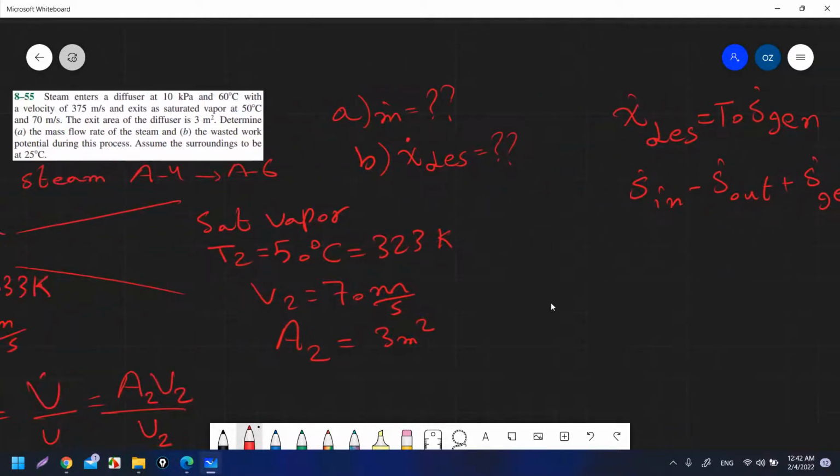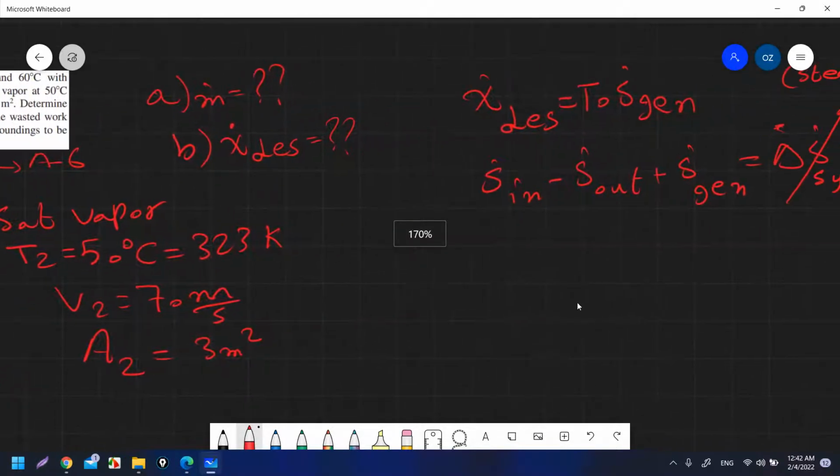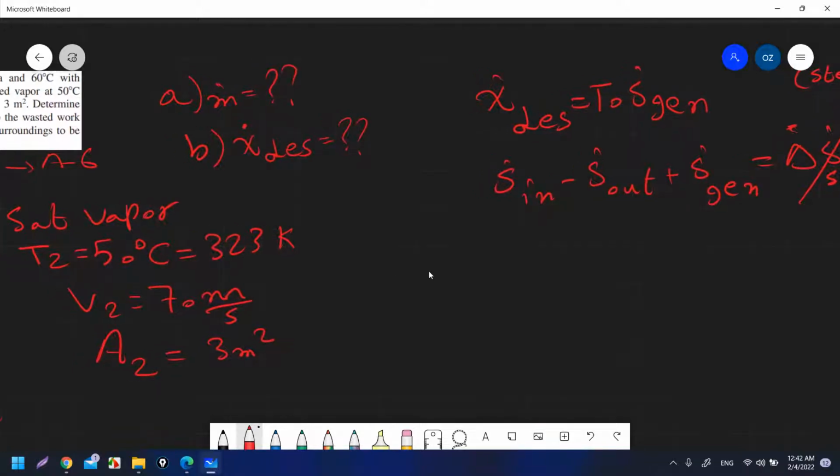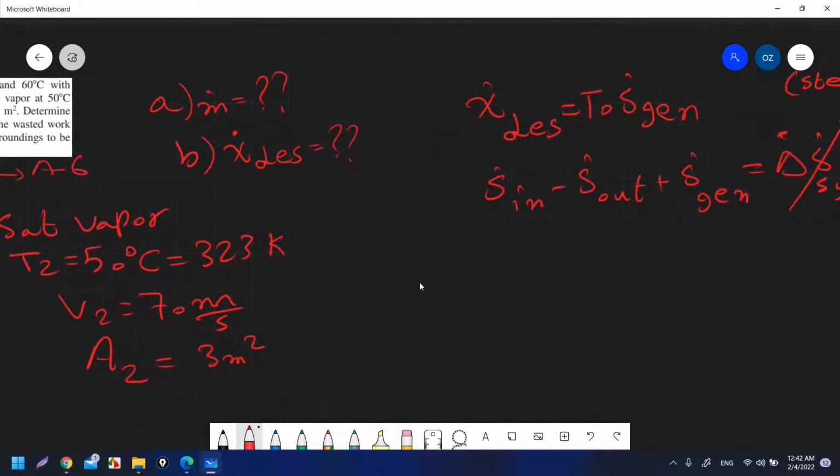He didn't say it is adiabatic. In the previous question he mentioned the value, but here he didn't say it is adiabatic, so I will assume there is heat transfer also. I have entropy transfer by mass, so it is m dot s1 minus m dot s2.